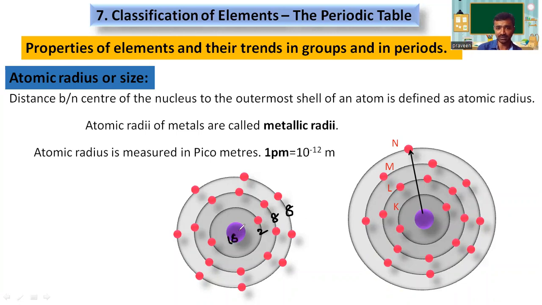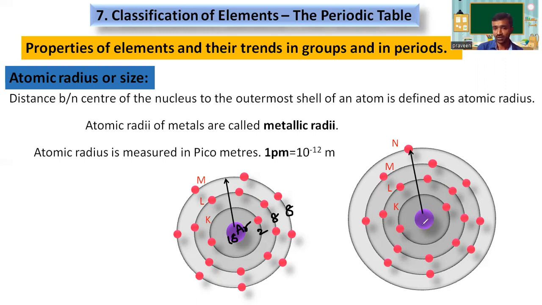So the 18th element is argon. Now look at the atomic size of this atom. K shell only 2, L shell 8, M shell 8. So from the nucleus to the outermost shell is M. That is the atomic radius.